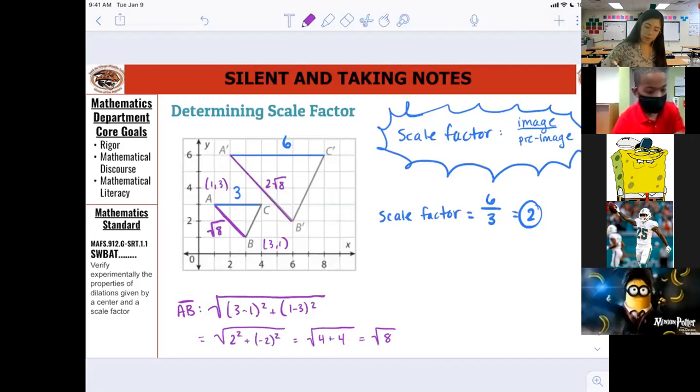But we can also just verify that. We can check it out just to be sure that we got the right answer. So we can do the distance formula for A prime, B prime. This is 6, 2. This is 2, 6.